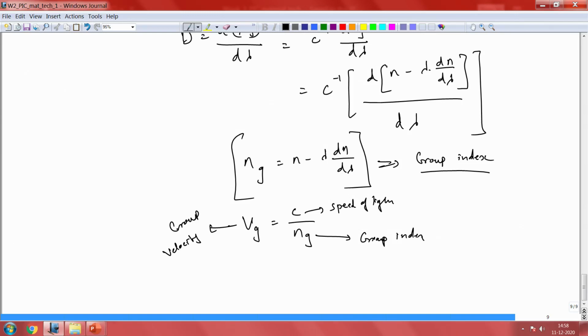So, with that we have now understood how a single wave propagating through a medium experiences the property of the medium, in this particular case the change in the refractive index, and this change in refractive index has an effect on a single frequency of a wave that is propagating.